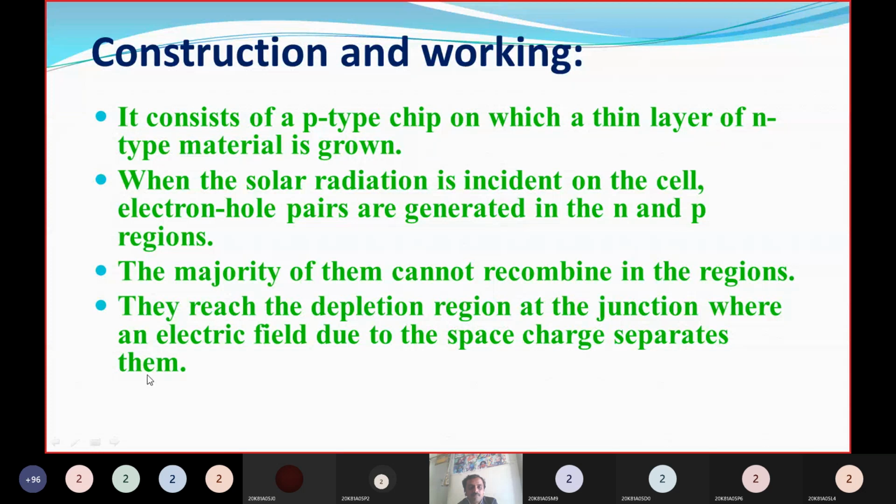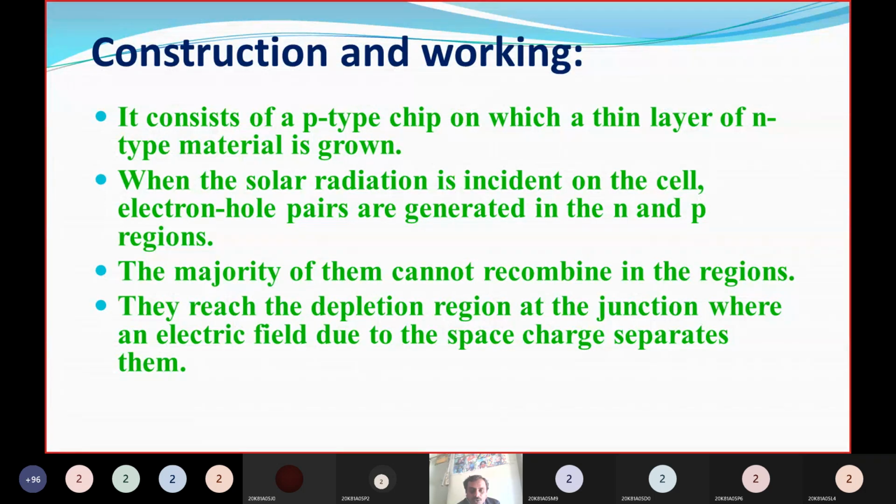While preparing the p-n junction diode, if you dope one side p region and the other side n region, a depletion region forms between the p region and n region, because space charge carriers are separated at a particular distance. Here also the depletion layer will be formed.